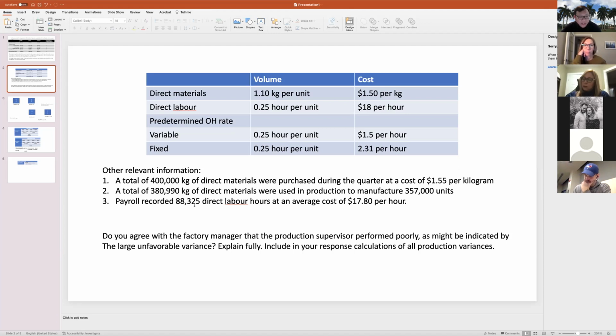Payroll recorded 88,325 direct labor hours at an average cost of $17.80 per hour. Do you agree with the factory manager that the production supervisor performed poorly, as might be indicated by the large unfavorable variance? Explain why, include your calculation of all production variances.